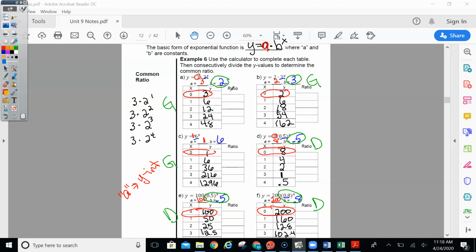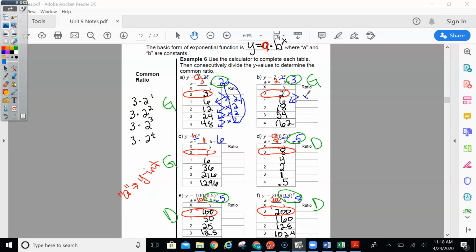B, so notice 2 is nowhere in the table. But how do I get 2? Well, to go from here to here, I have to multiply by 2. Multiply by 2, multiply by 2, multiply by 2. So the common ratio is where I get the base from. So here, this one should be 3.